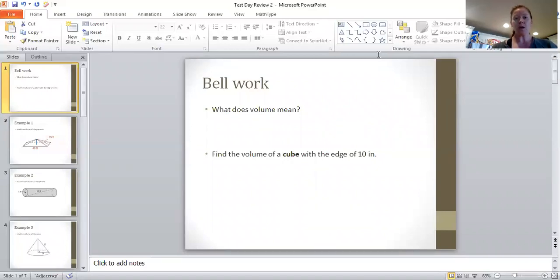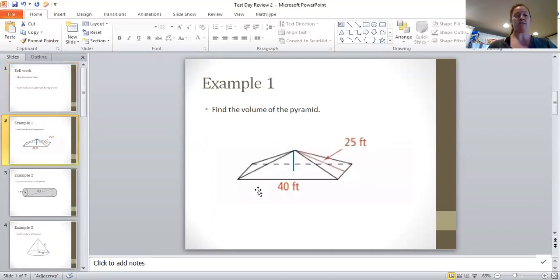So from there, we're just gonna go through some of the shapes and you can follow along. We've got a pyramid here, so we're gonna use the volume of a pyramid to figure this one out. Volume of a pyramid is equal to big B, which is the area of the base, right, times the height, all divided by 3. The first thing we're going to do is find big B, which is the area of this base. This is a square pyramid.